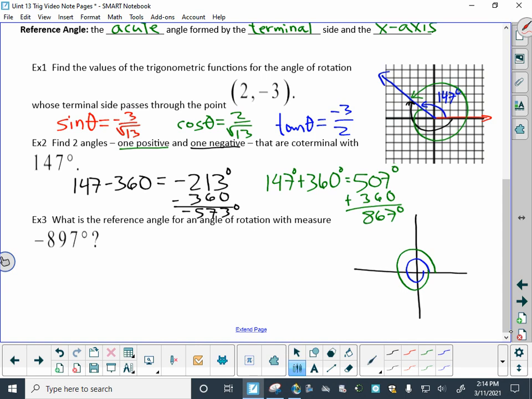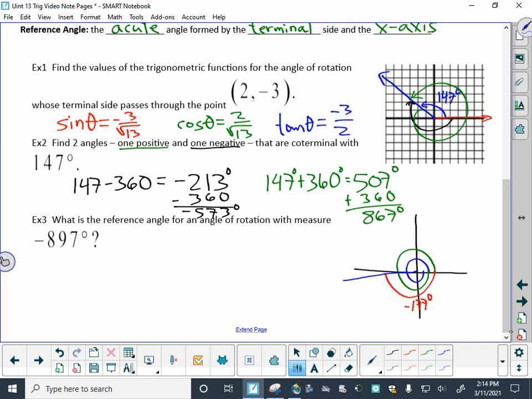So if I continue another negative 177 degrees, I know if I made it all the way to that line, that would be negative 180 degrees. So this red part is negative 177 degrees. And my terminal side then must be over here.